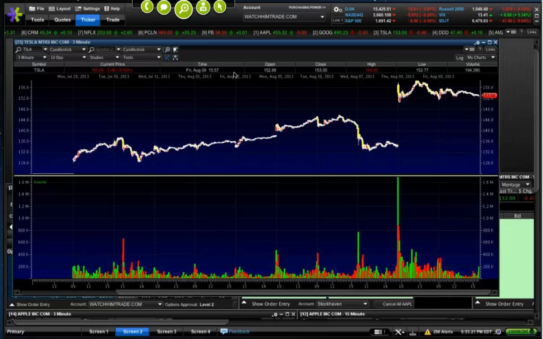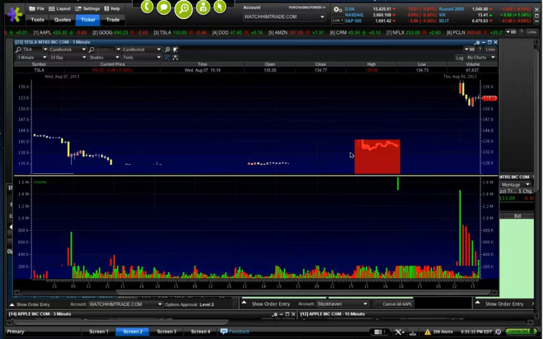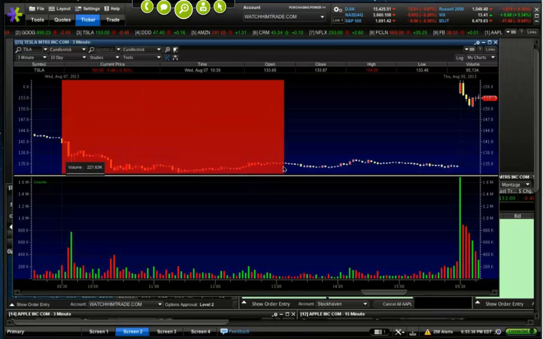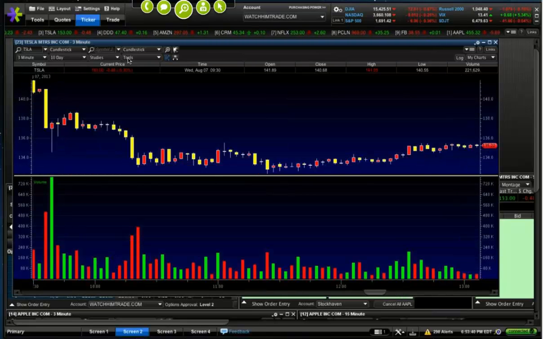So August 7th here, look at Tesla. Your initial 3-minute low, 6-minute low.